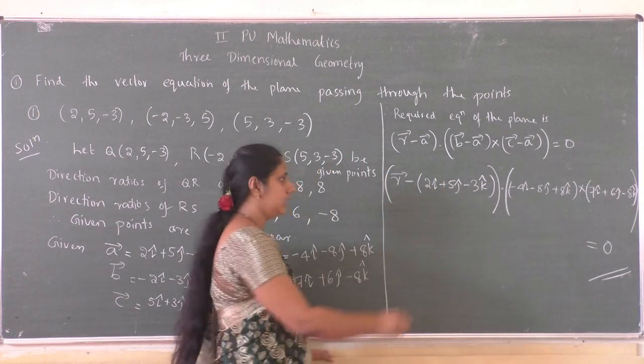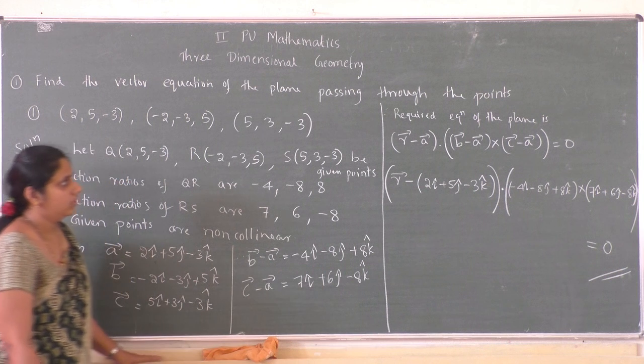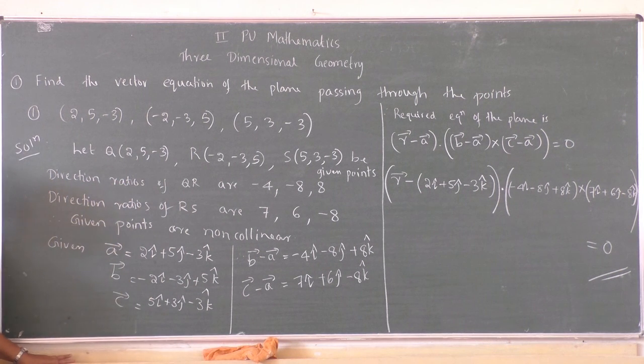So this is the required vector equation of the plane passing through the given points.